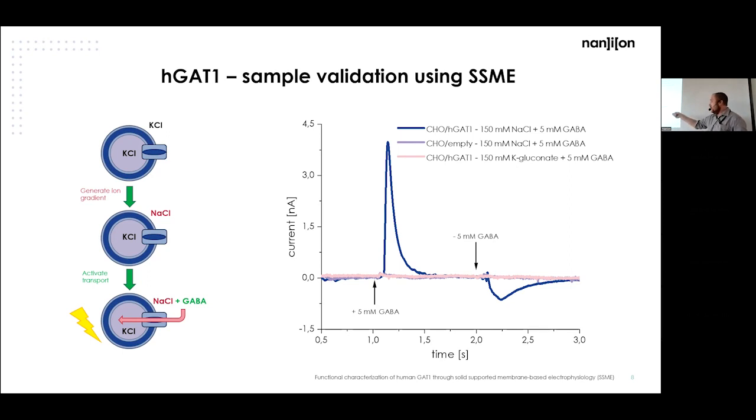And of course, luckily, I didn't see any kind of current rising. And I also wanted to assess if this transport was related to sodium and chloride, as it should be. So I just perfused with GABA, but in absence of sodium and chloride. And again, I didn't see any current rising.